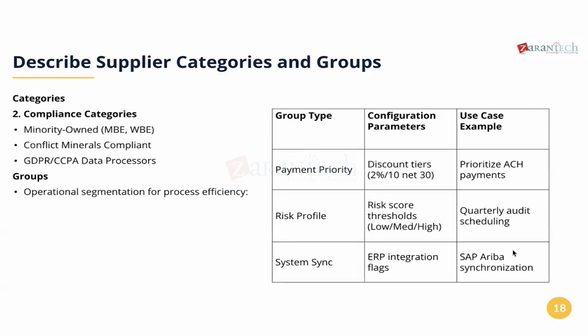Generally, I think the rule across US government clients is that their suppliers should consist of MB or WB, basically minority owned business or women owned business, or they can have conflict minerals compliant, all those. So you can have that kind of category as well. But defining a supplier category completely depends upon your client needs, in what way they want to define the supplier category.